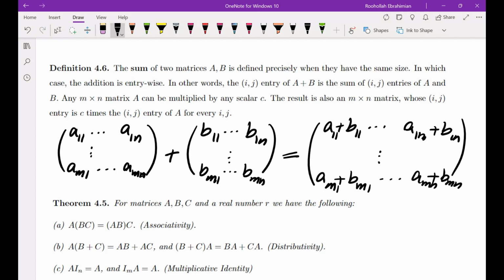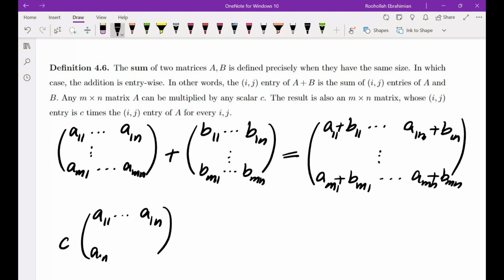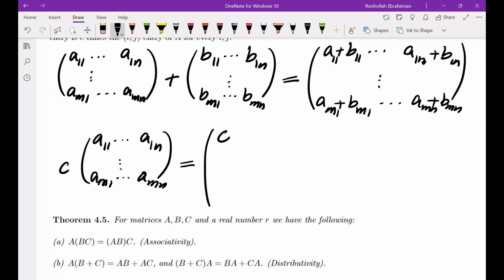We can also multiply a matrix with a scalar by just entry-wise multiplication. So if you take a scalar c and multiply by A, you simply multiply the corresponding entries with c. All of the entries are multiplied by c: c A1n, c Am1, c Amn.